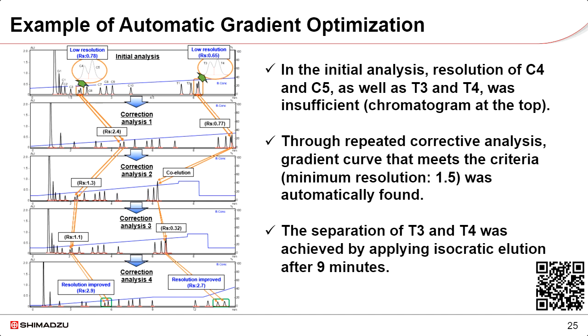So you can see that the algorithm chooses conditions for the second corrective analysis, where again we see a change, but not meeting the criteria for both. The third analysis again modifies those conditions, trying to reach the criteria for both species. And by the fourth analysis, we can see that we're able to get that resolution and separation in a reasonable time frame.